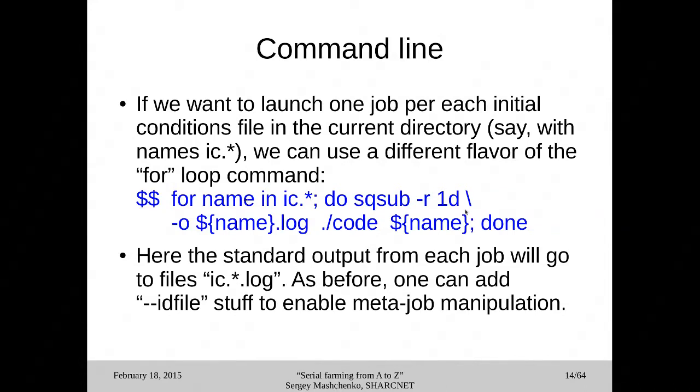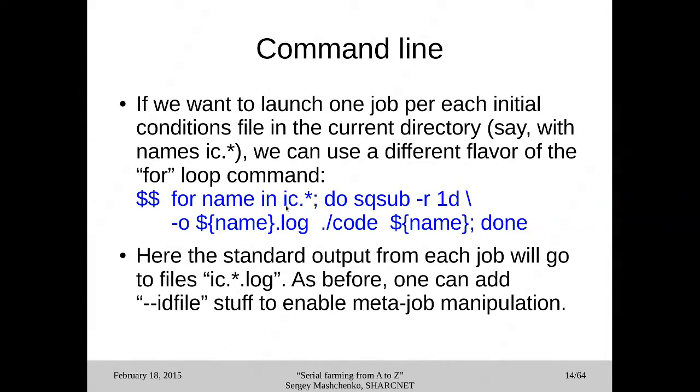What this loop will accomplish is multiple iterations, one iteration for each ic file you have in the current directory. You can also use subdirectories with star symbols. You can use question mark symbols. You can read more about Bash to know all the options here.